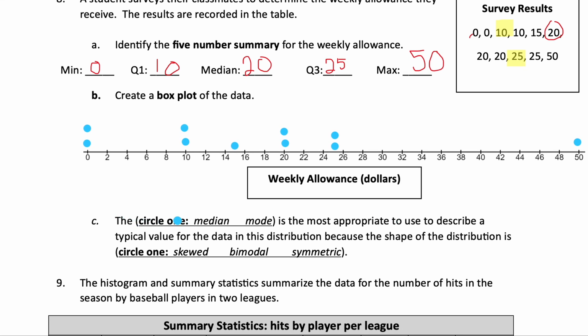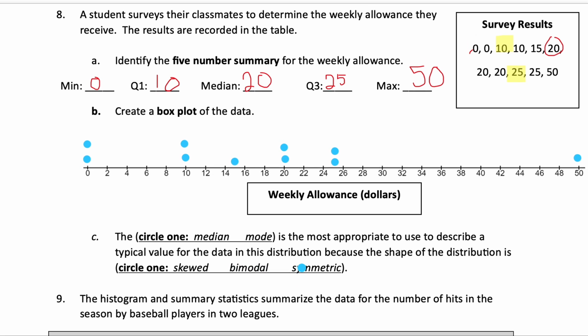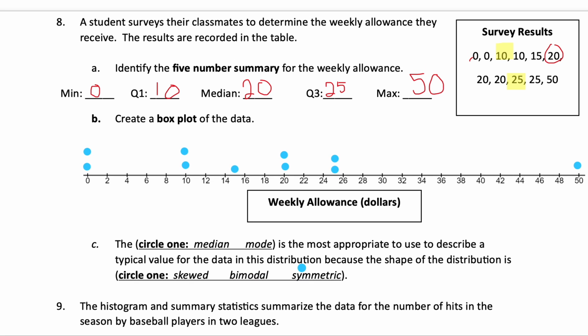Circle 1. The median mode is the most appropriate to use to describe a typical value for data in the distribution because the shape of the distribution is skewed bimodal symmetric. Okay.